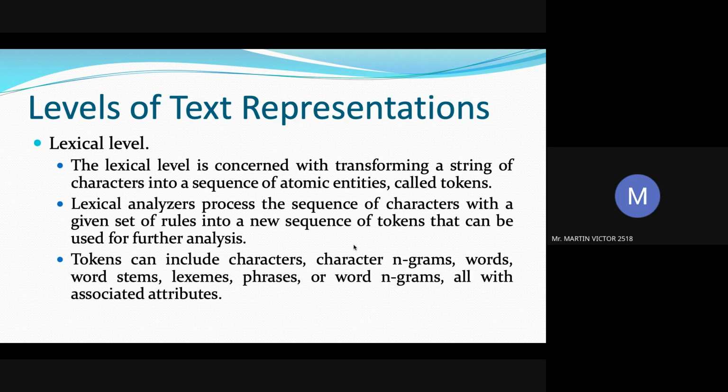Lexical analyzers process the sequence of characters with a given set of rules into a sequence of tokens, which is used for further analysis. Tokens can include characters, words, phrases, lexemes, and all other associated attributes. So this is the first level.